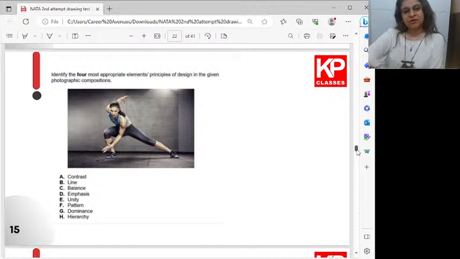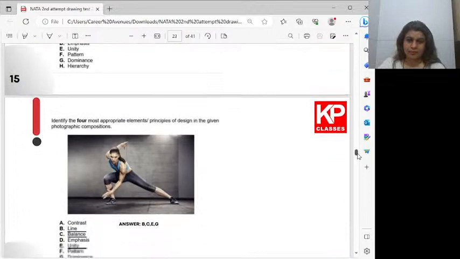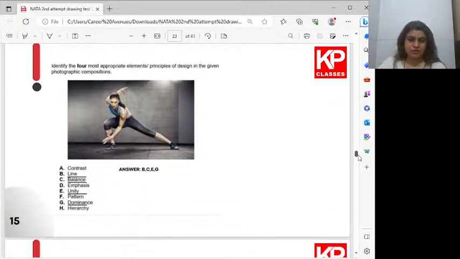Again, we have a particular photograph in front of us. What do we have over here? We have a particular line. We can see a balance, right? There is a sense of balance. There is a sense of unity. Why unity?